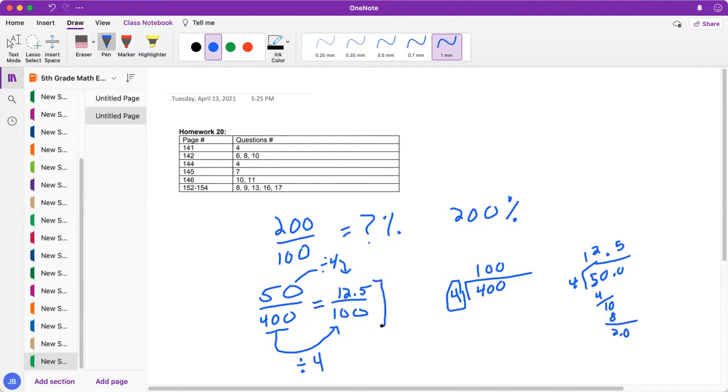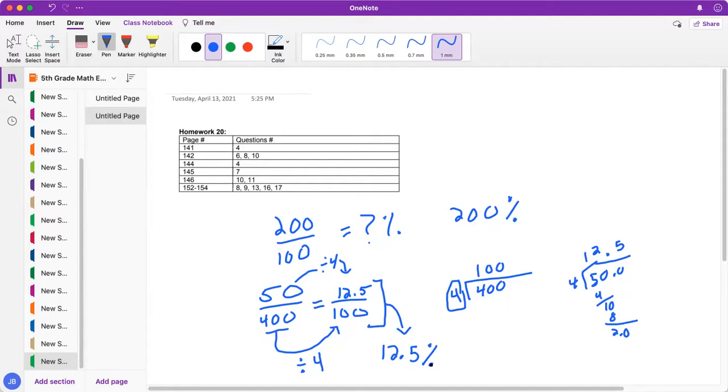And now with this, we should be able to make a percentage. So what's 12.5 over 100 as a percentage? Feel free to say it if you know it. So 12.5 out of 100 would be 12.5%, or 50 out of 400 would be 12.5%.